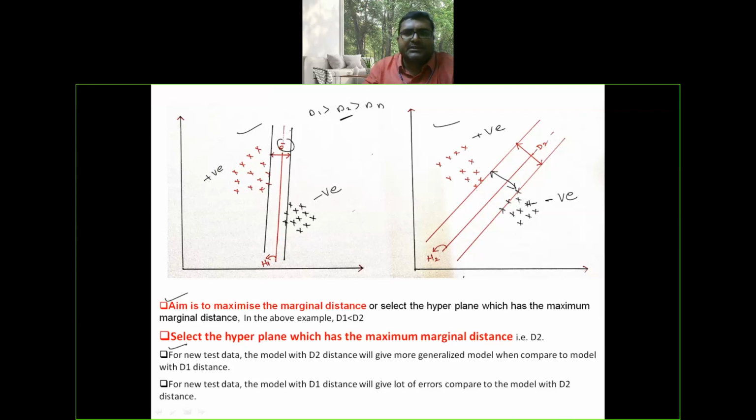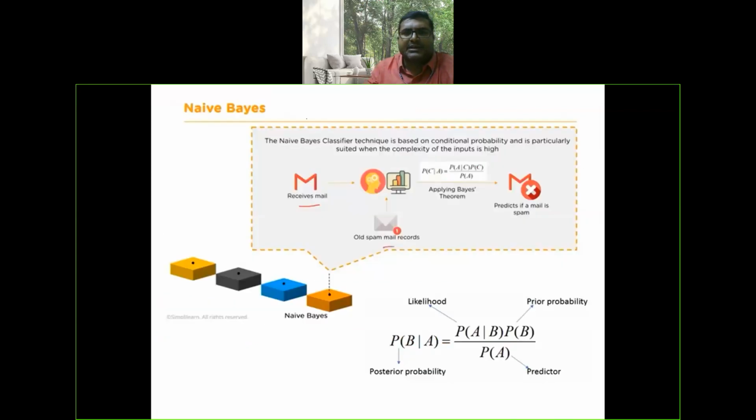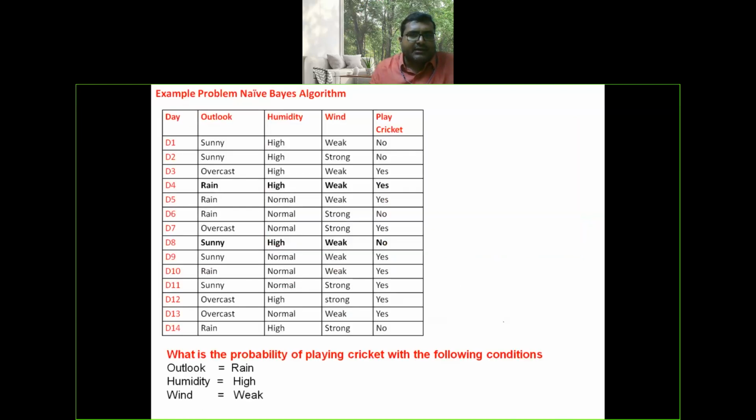Naive Bayes algorithm is used for classification problems and comes under the category of supervised learning, based on Bayes theorem of probability. This can be calculated as: posterior probability is equal to likelihood multiplied by prior probability divided by the predictor probability. Just go through the diagram.